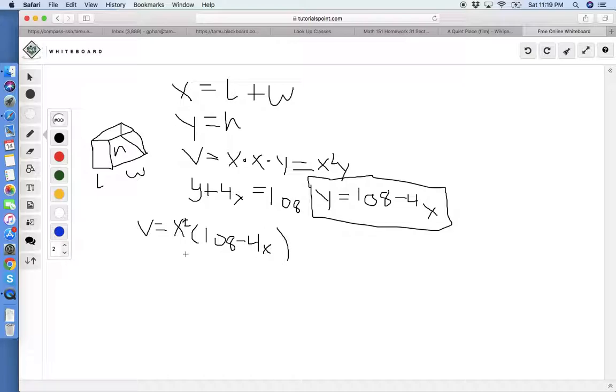Alright, so now let's distribute everything in the parentheses to x squared. Oh, whoops, sorry. So this would be 108 x squared minus 4x cubed.